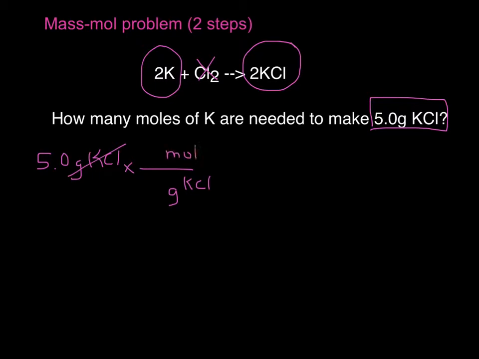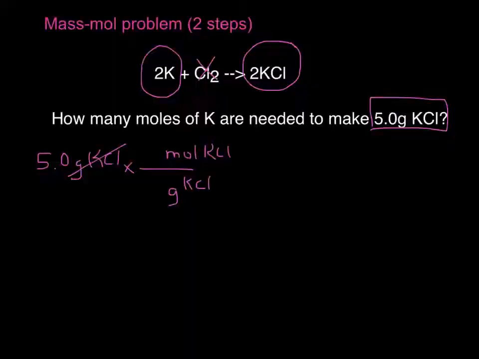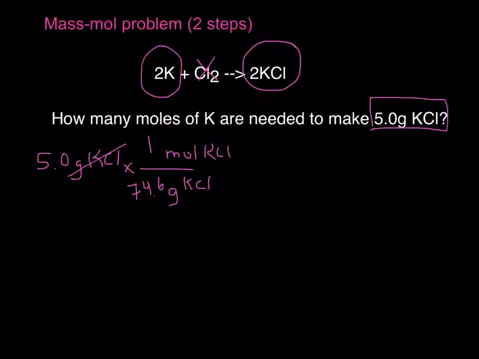So I know that I want moles of KCl on the top. From chapter 10, you should remember that 1 mole of KCl is equal to the mass of potassium plus chlorine, which happens to be 74.6. So 74.6 grams of potassium chloride in 1 mole is the molar mass.